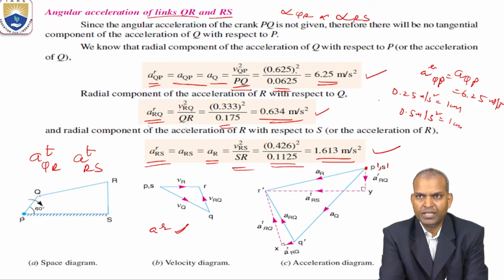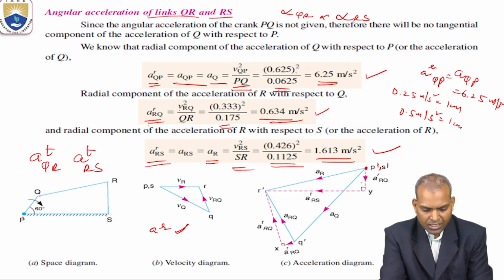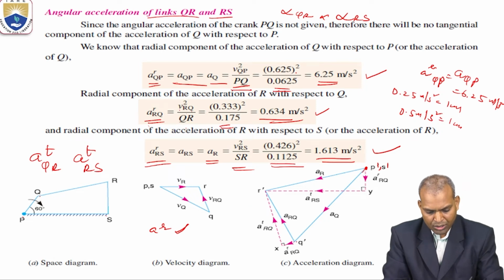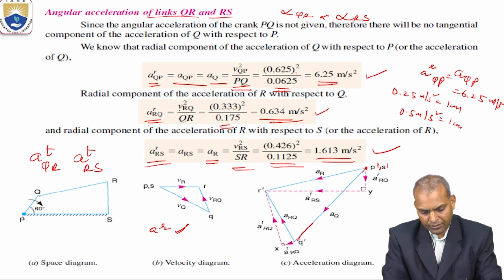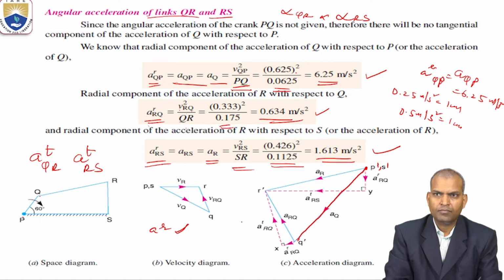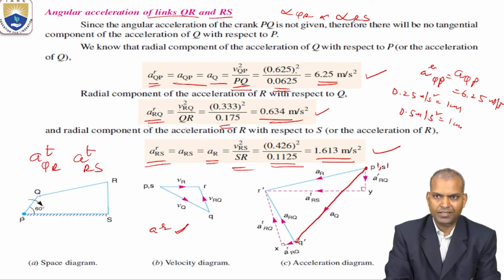Whatever values will come, with a suitable scale, draw a line. Which line? That is the total acceleration. If you draw a line, that is PQ, this is P dash Q dash. What is the length? The length is 6.25 meter per second square in a vector scale.